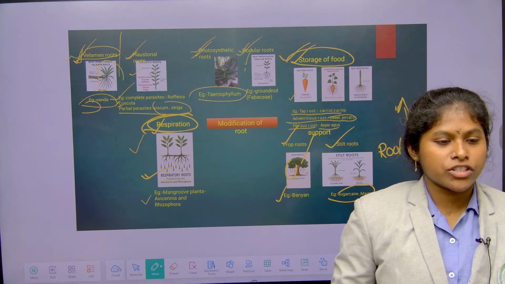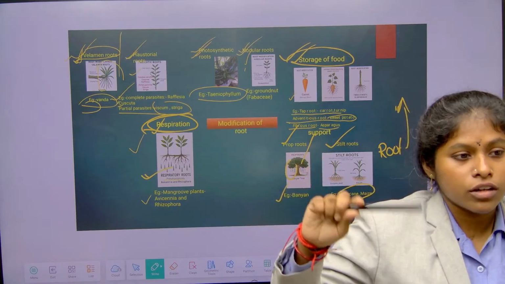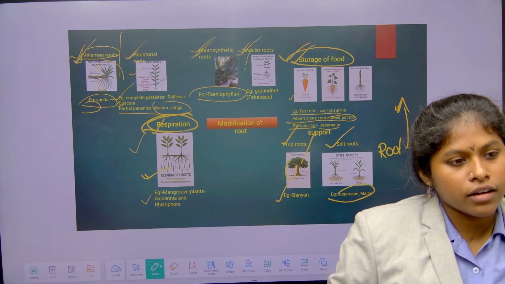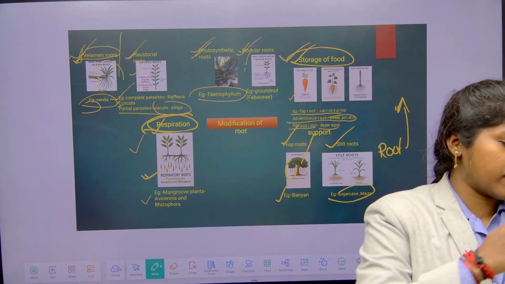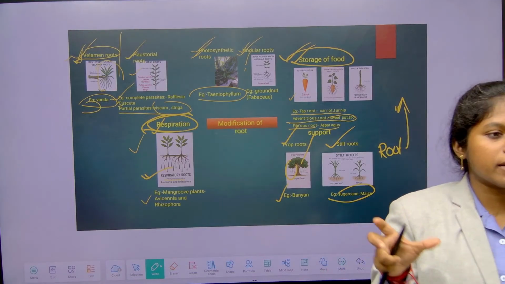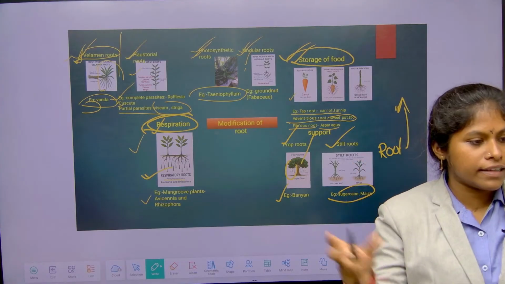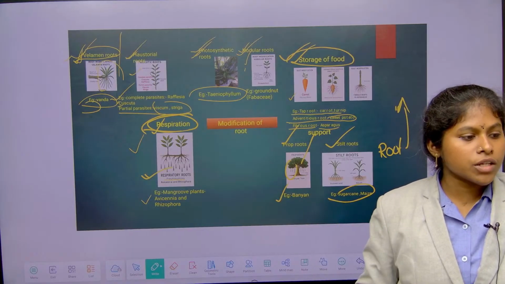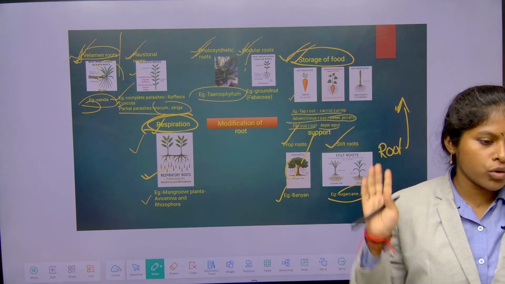No, bidirectional. See, the food factories, the leaves, yes, no? They are present on the topmost part. Is the food required for the roots also or not? Of course, which means the phloem tissue supplies every part, like the phloem are the delivery boys. It will deliver all the food prepared in the leaves to all parts of the plant. Okay, but the water is required at the top, in the leaves. That is why it is transported unidirectionally.